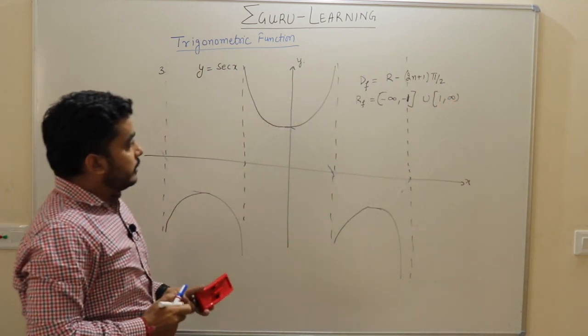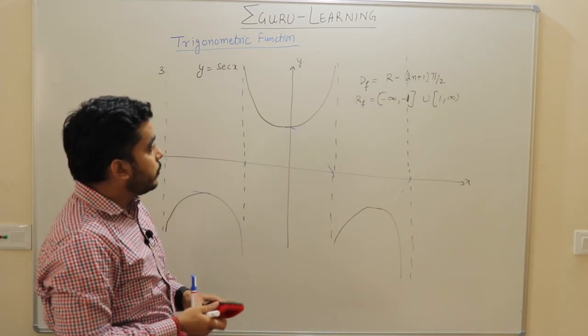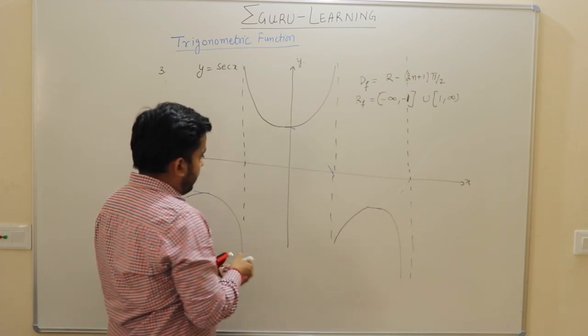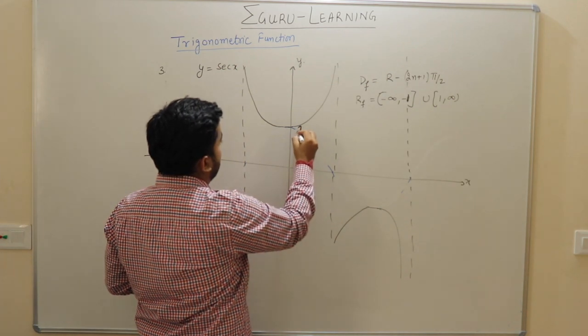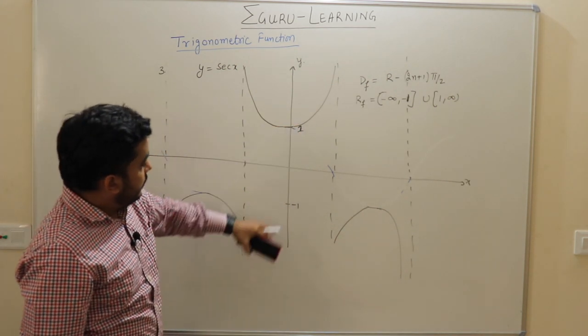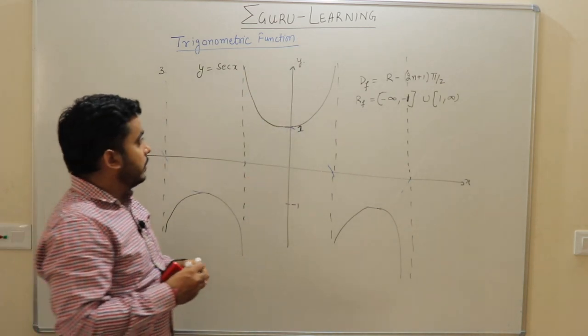Okay, so this is minus infinity to minus 1. If I point this as minus 1, this would be the point plus 1. Okay, so from minus infinity to minus 1 and then 1 to infinity. So this is the range of the graph.